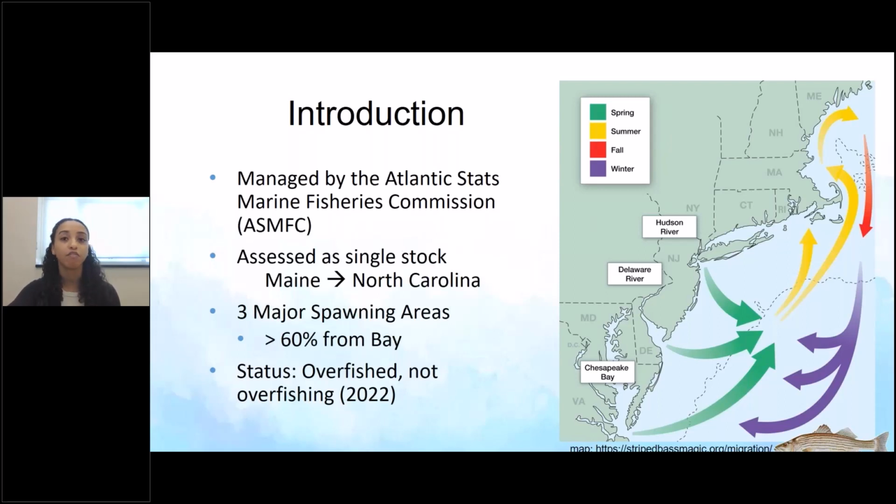That fishery recovered and increased over time, but the most recent update from 2022 indicated that striped bass are not undergoing overfishing, but are currently overfished, so they've been working on recovery plans to recover the stock within a few years. This species exhibits great spatial complexity, and by disregarding spatial structure in stock assessments for the species, we could reduce how effectively we're managing it.